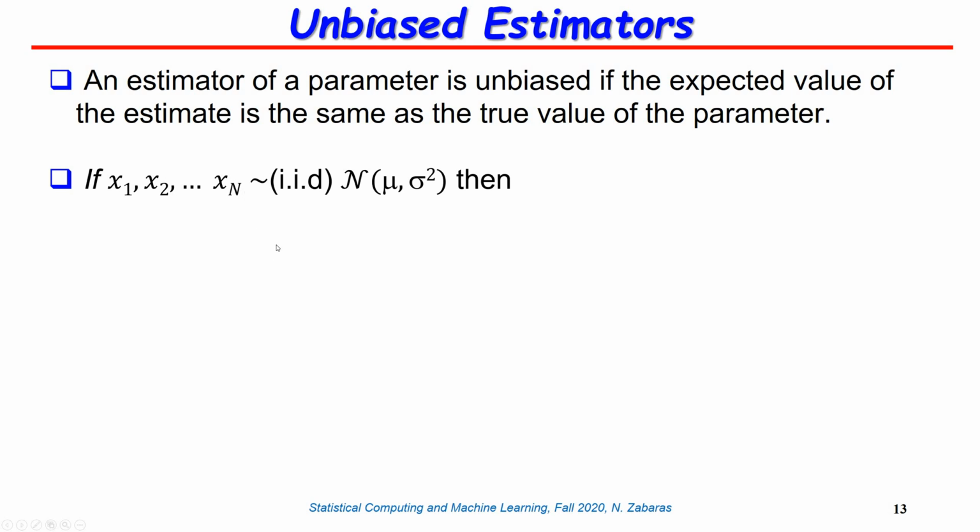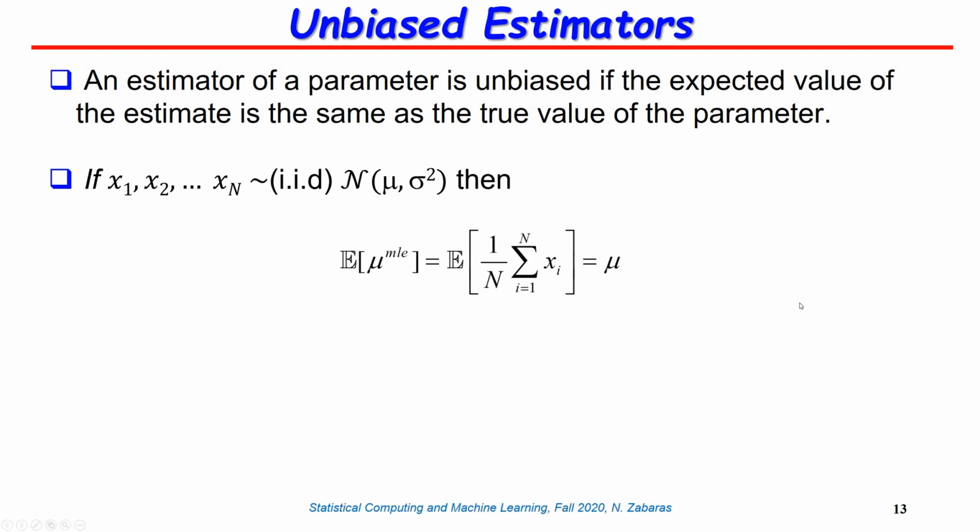Now, if you repeat this experiment, x1, x2, ..., xn are basically the values of random variables being sampled from this Gaussian. So in some sense, the MLE estimate, because it's x1 plus x2 plus up to xn divided by n, is also a random variable. And someone may ask, is the expectation of that, with respect to the underlying distribution from where the data come, equal to the true value mu?